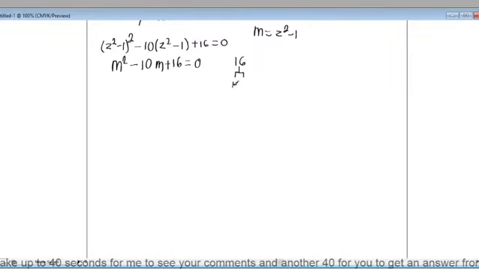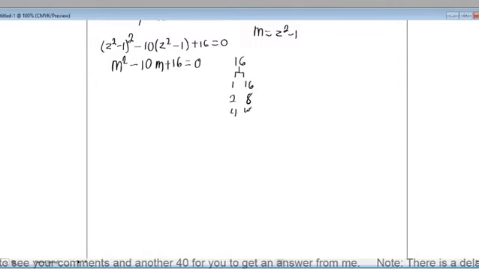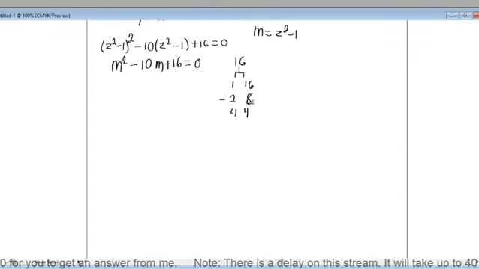So factors of 16 are 1 and 16, 2 and 8, 4 and 4. So, will any of these give me 10 if I combine them? Yeah, 2 and 8. If I make this negative 2 and negative 8, those will multiply to get positive 16, but combined give me negative 10. So yeah, I can go ahead and keep on using this method here.